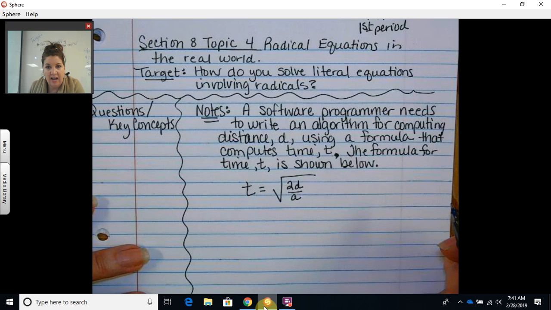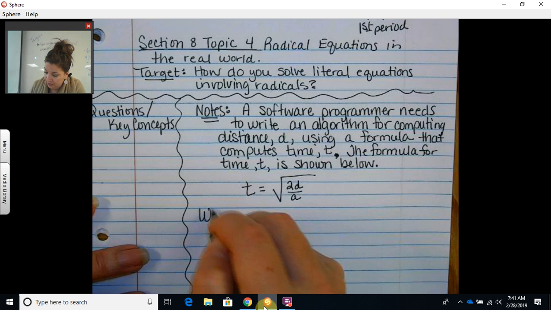So that's a literal equation because I have more than one variable. I have 3 variables there. Currently, that is a formula that's solved for time. I could also solve for distance if I wanted to, or I could solve for a. I don't think it told us what a was equal to just yet. And it hasn't told us to solve for anything yet. It's just given us the formula, okay?